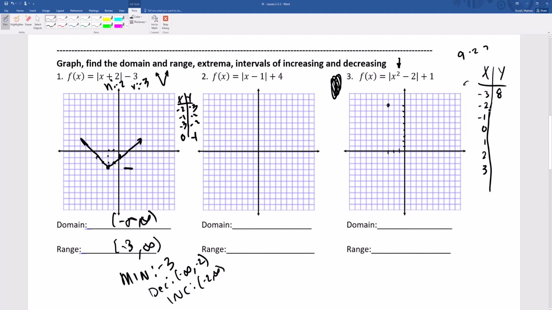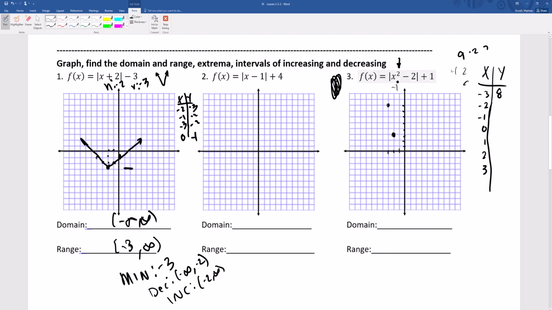And then at -2, -2 squared is 4. 4 minus 2 is 2. 2 plus 1 is 3. Now at -1, this is where it's going to get a little weird.